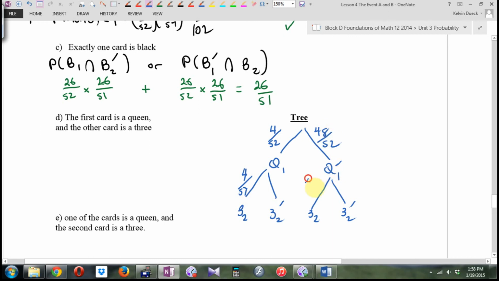There's 4 out of 51, and they'll say 44 out of 51, and out of 500. Come on, out of 51. Guys, stay with me, please. And here they'll go 4 out of 51, and 47 out of 51.